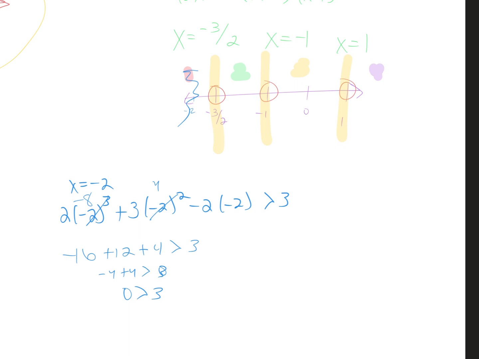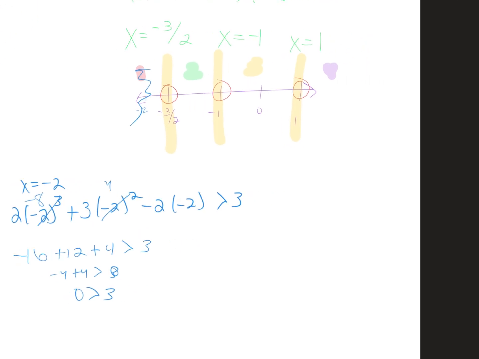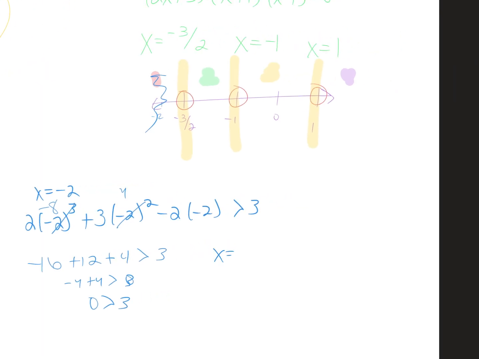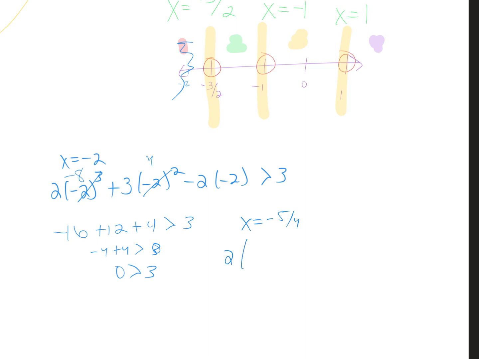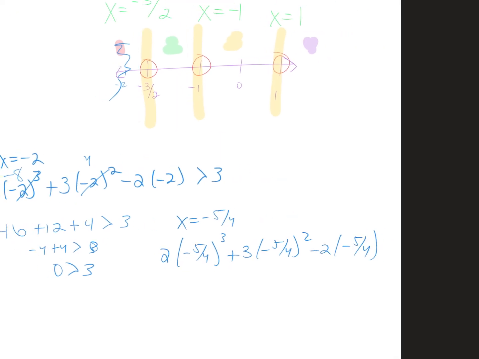Okay, that's in between -3/2 and -1. So I am going to try -5/4: 2 times -5/4 cubed plus 3 times -5/4 squared minus 2 times -5/4. Is that greater than 3?